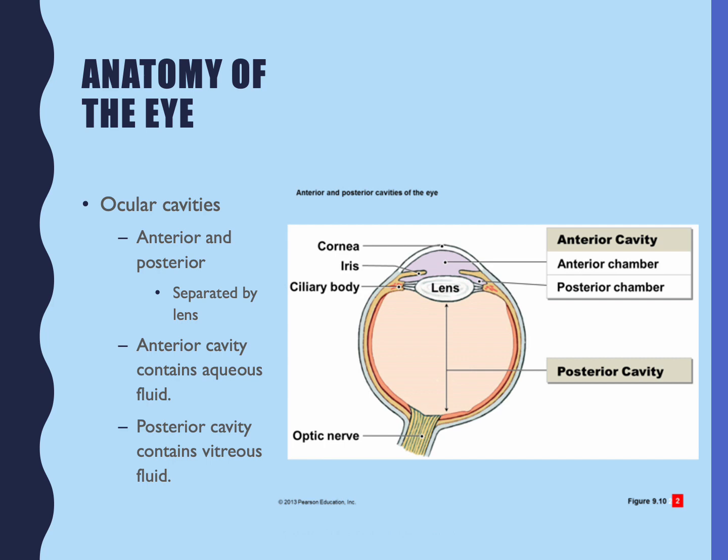Now, the anterior cavity contains a fluid called aqueous humor, and remember that is secreted by the ciliary processes. It is constantly being produced and constantly being replaced.